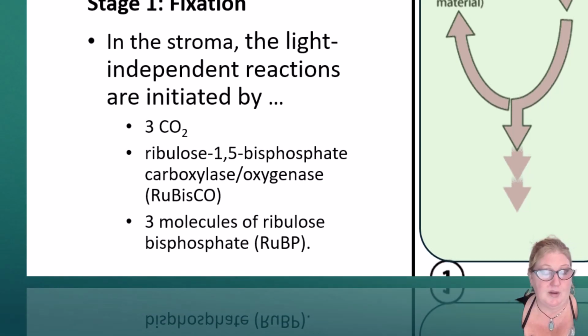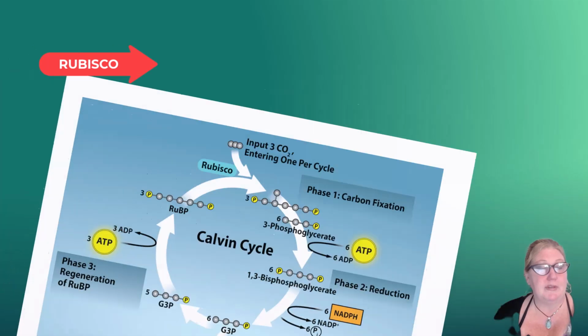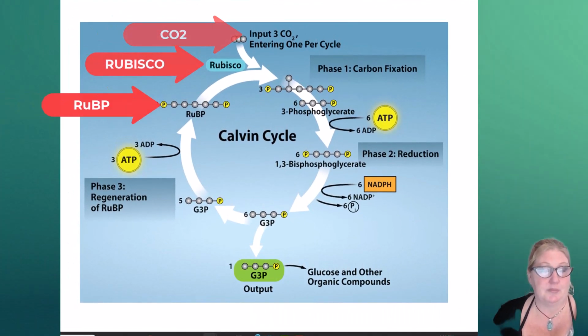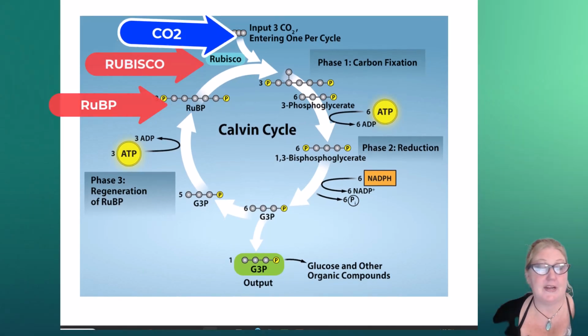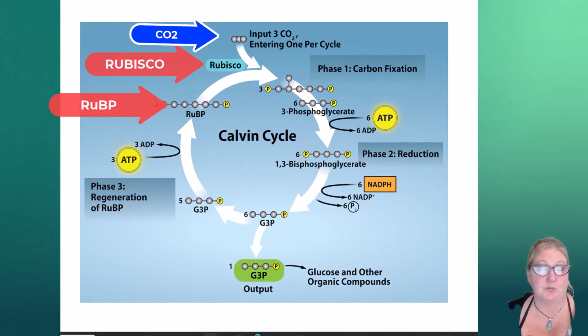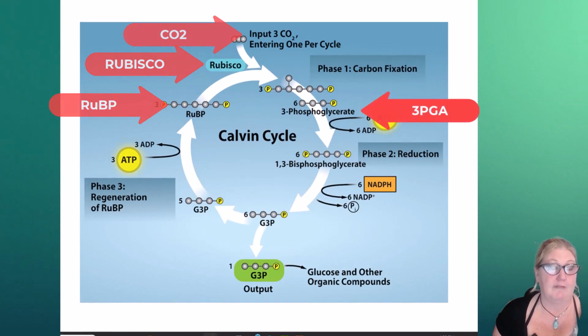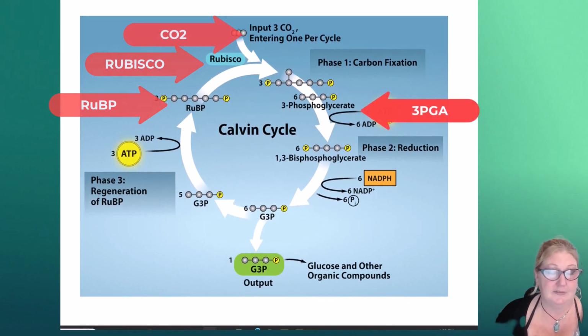RuBP is ribulose bisphosphate. Rubisco catalyzes a reaction between carbon dioxide and RuBP. For each carbon dioxide molecule that reacts with 1 RuBP, 2 molecules of 3-PGA, or phosphoglyceric acid, form.